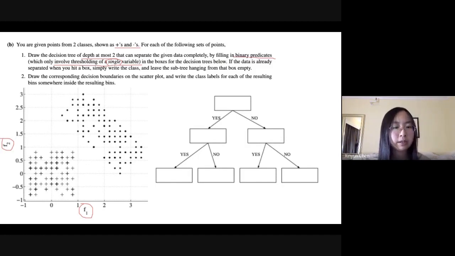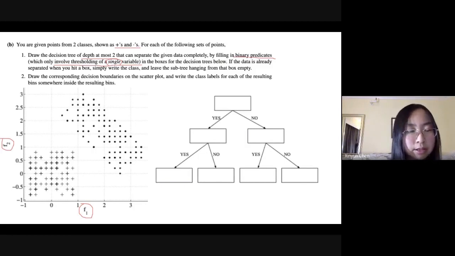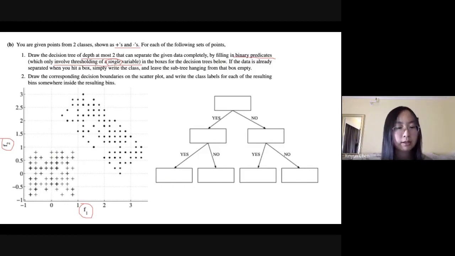Here we can see that the plus and the dots are nicely separated. So it is pretty easy to see that all the plus have an f1 smaller than 1.